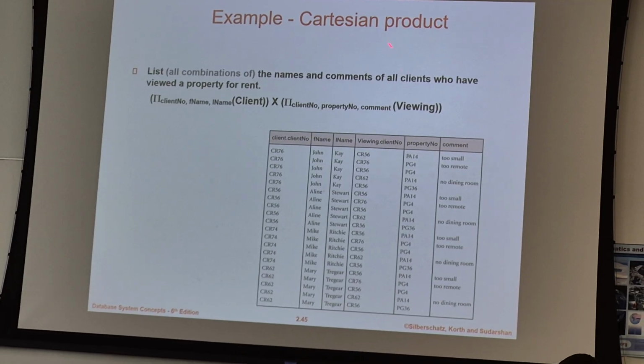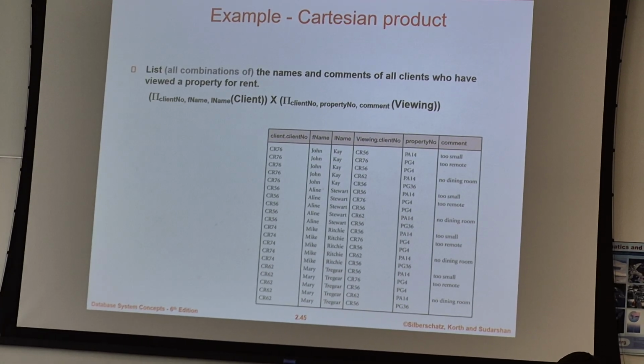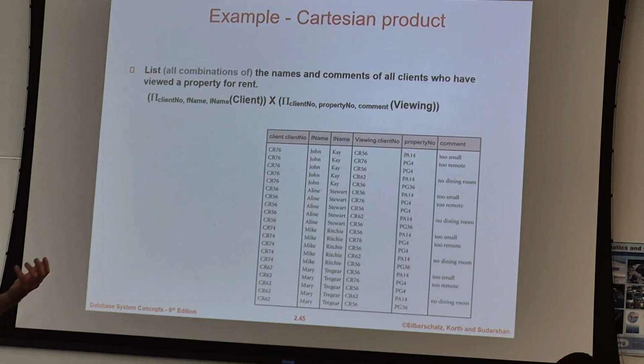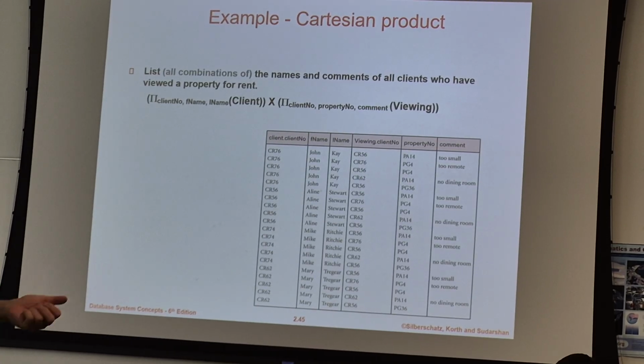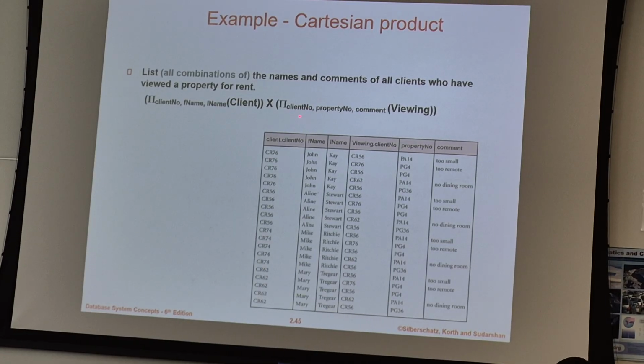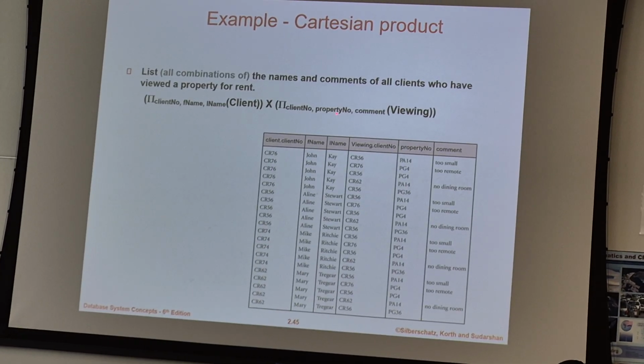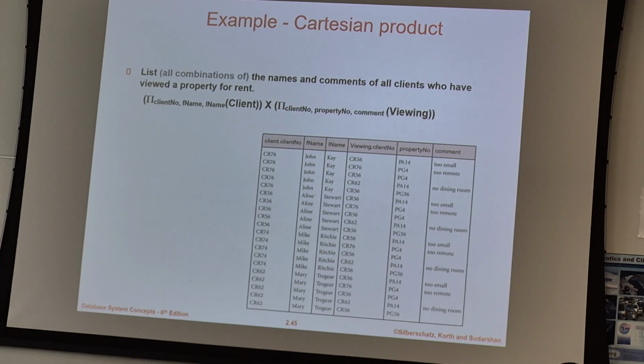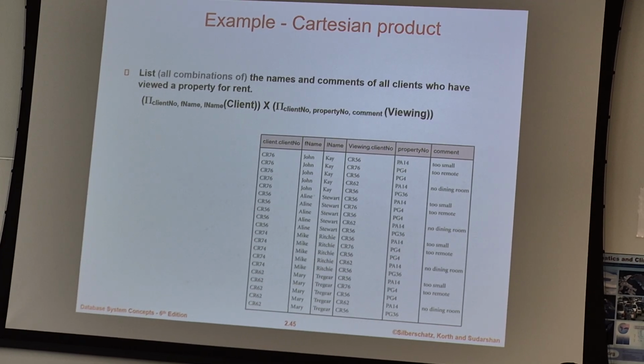And then from the viewing table, the table listing all of the customers that viewed a property that we saved into the database, we're grabbing out the ID of those clients, the ID of the property they viewed, and then whatever comment they left.